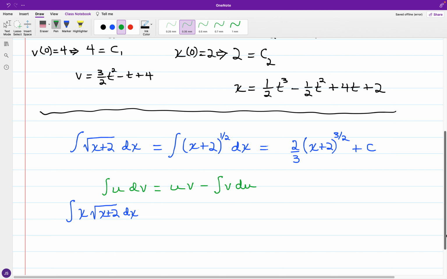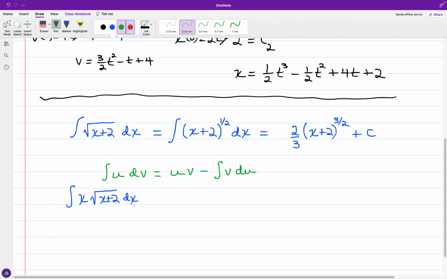Looking at what we have here, if we go through the process of integration by parts, you can set u equal to the expression that will lead to a simpler result once we take the differential. Between x and the square root of x plus 2, we can get to the differential more quickly with x.